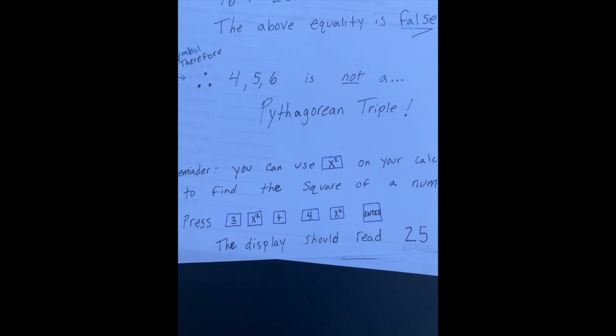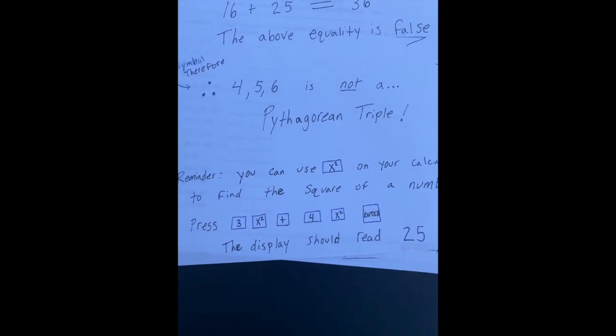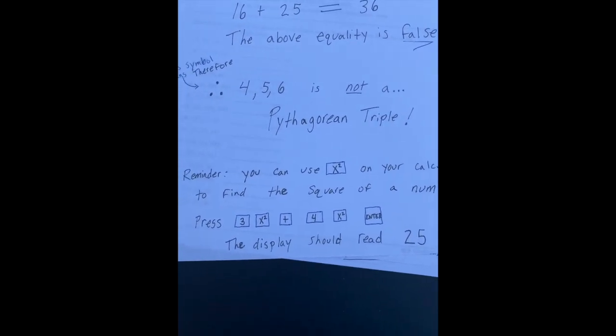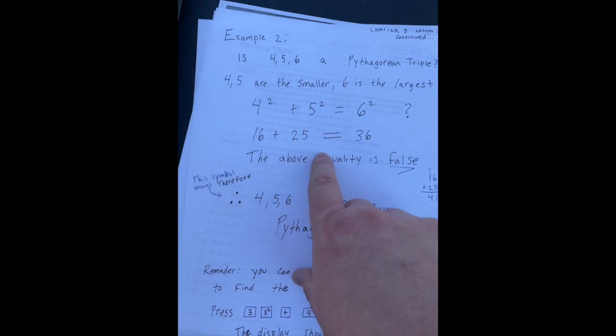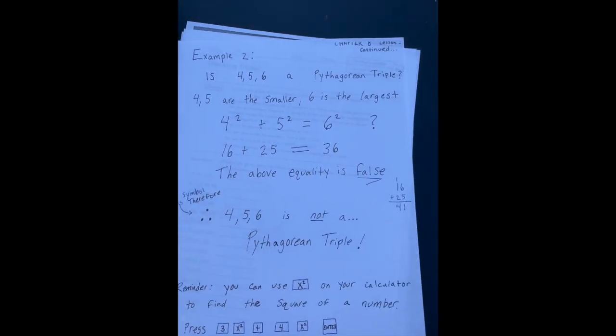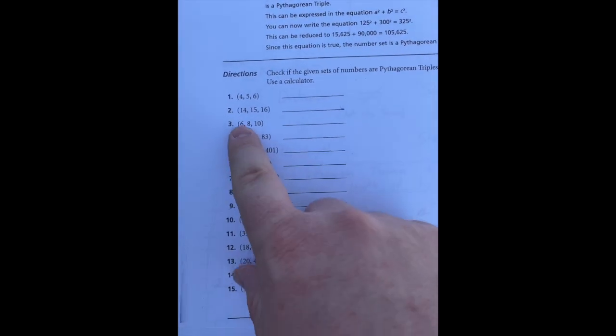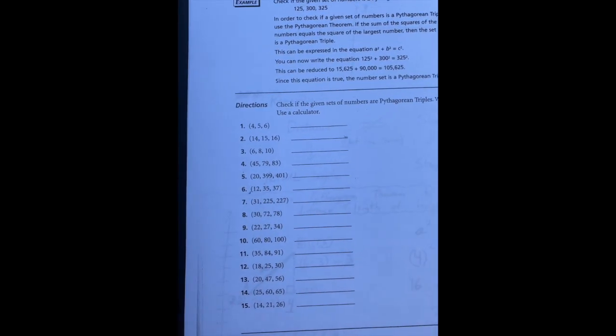So if you have a calculator at home similar to the ones that we have been using for this, you can use this setup on the calculator to help you figure out if the sum is going to be equal to your c squared. And that's all you're doing for this next sheet is you're plugging in all of these numbers for a squared plus b squared equals c squared.